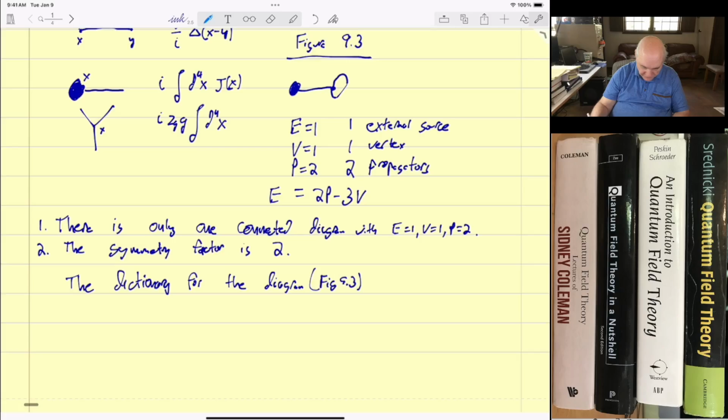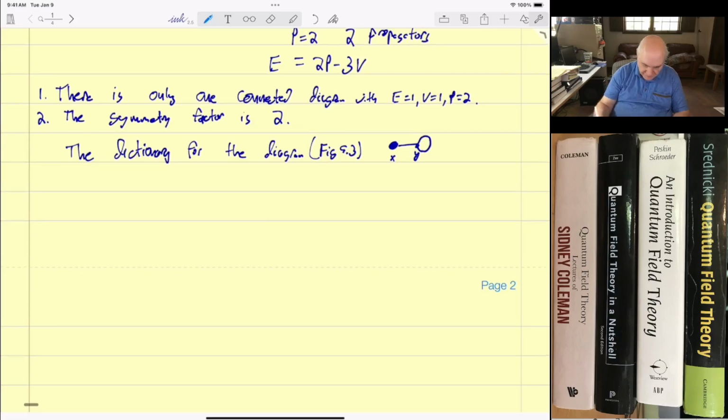So I'll put points on it now. I'll have a source x goes to a point y, and then we have a propagator that creation of a particle, annihilation of a particle. Basically 3 particles are meeting at this point, and how you think of them doesn't really matter. There's no difference between particles and antiparticles.